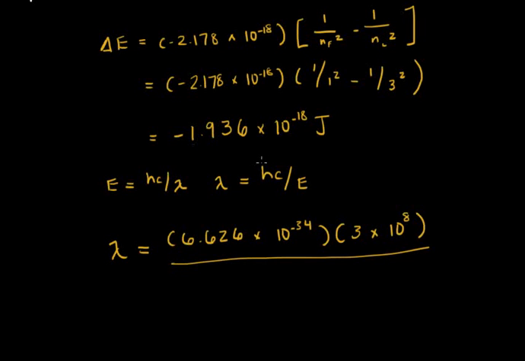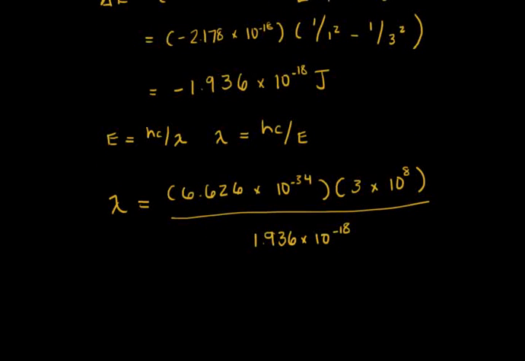But we're going to make this number positive because it doesn't really make sense to have a negative wavelength associated with a photon of light. That would be crazy physics. So here we're just going to divide by 1.936 times 10 to the negative 18. These are crazy numbers. And we're going to plug this into our calculator.